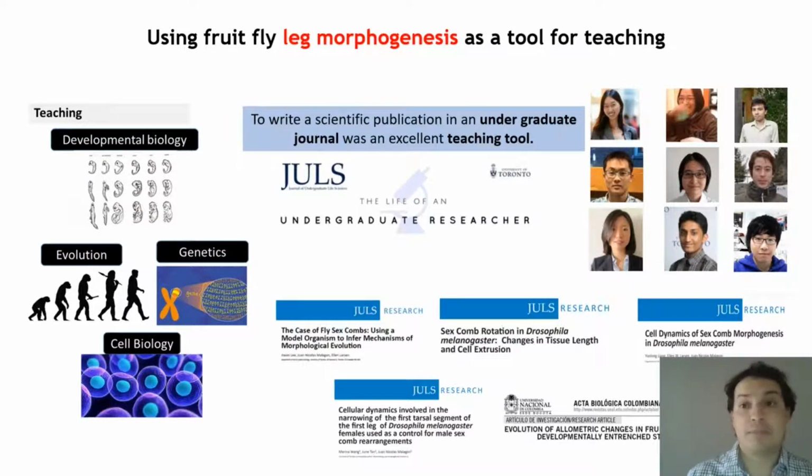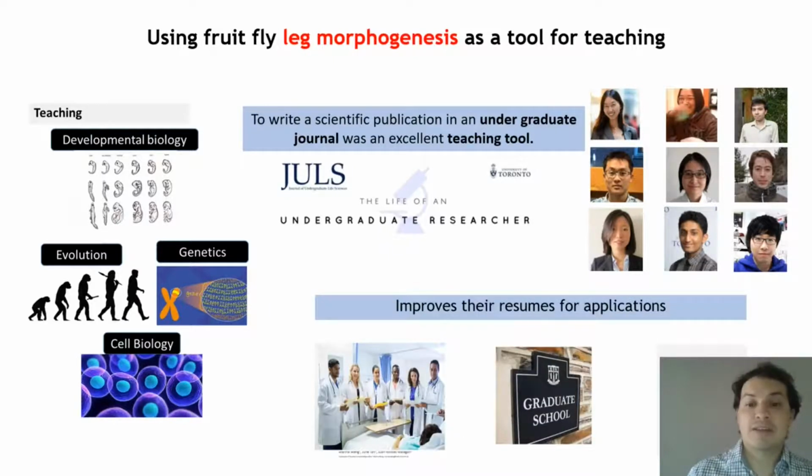And these are some examples. And we are hoping that this semester some students develop more projects to continue writing more small research publications, because I have seen that this allows them to improve their resumes and their applications to grad school, medical school, or even an MBA, because it shows that they have critical thinking.